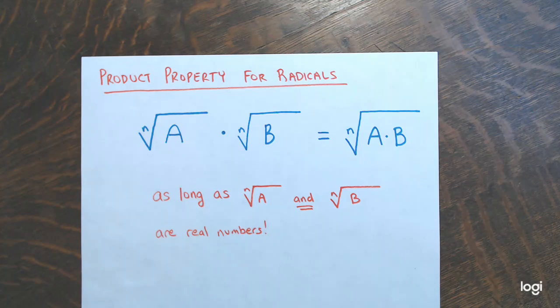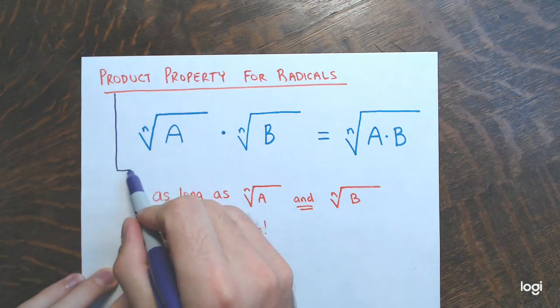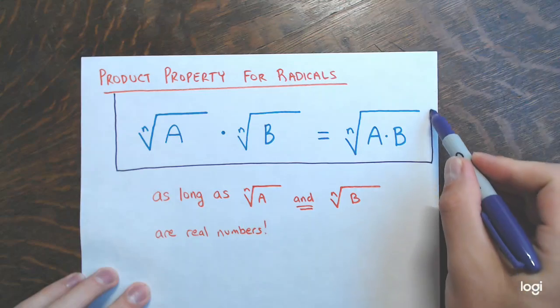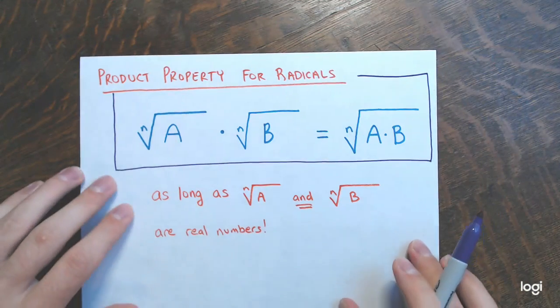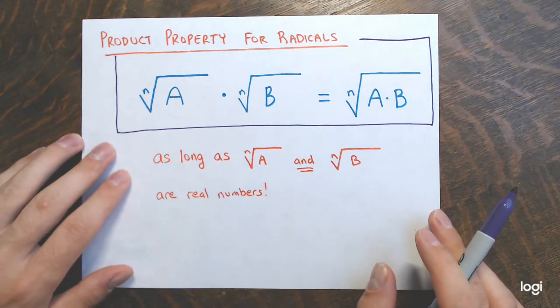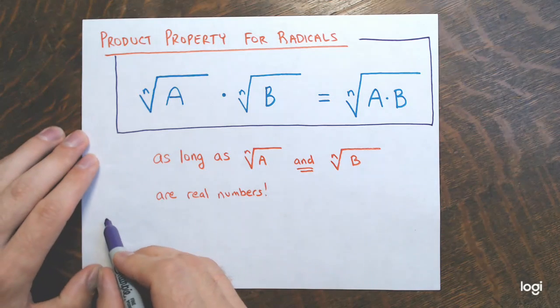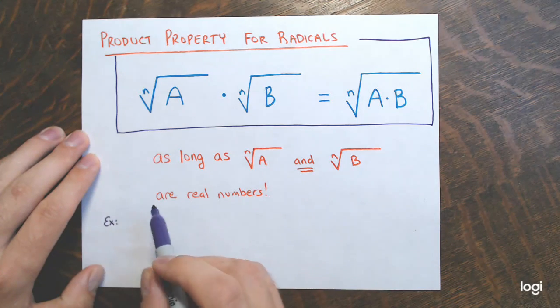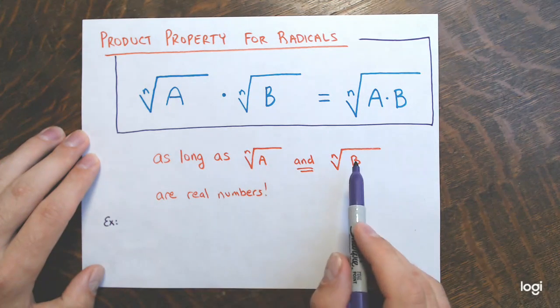If the radicand was negative, we'd have what's called an imaginary or non-real number. Again, we'll get into imaginary numbers in a later video. So this is huge. Keep this in mind: the product of two of the same radical, two nth roots, as long as the nth root of a and nth root of b are real numbers.